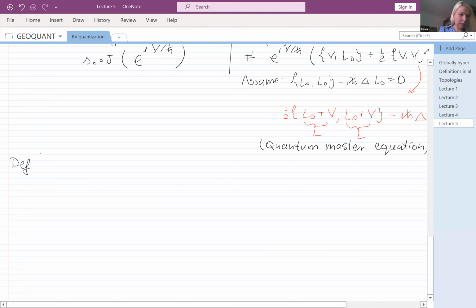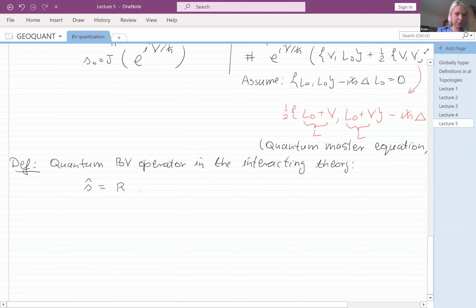Okay, so next step, I define the interacting, so the full quantum BV operator in the interacting theory. So this is S hat, and it's defined as RV minus 1 composed with S0 composed with RV.